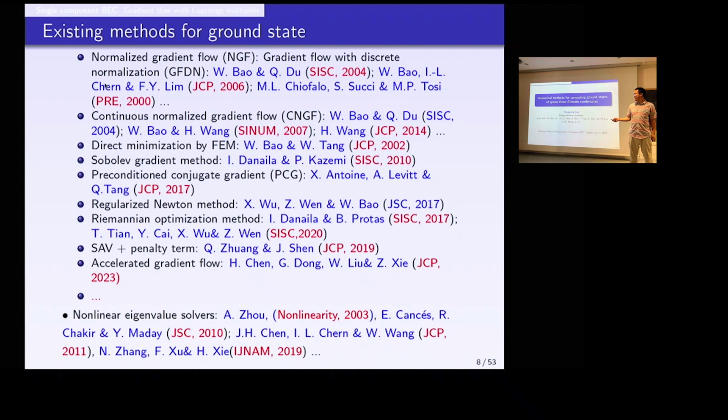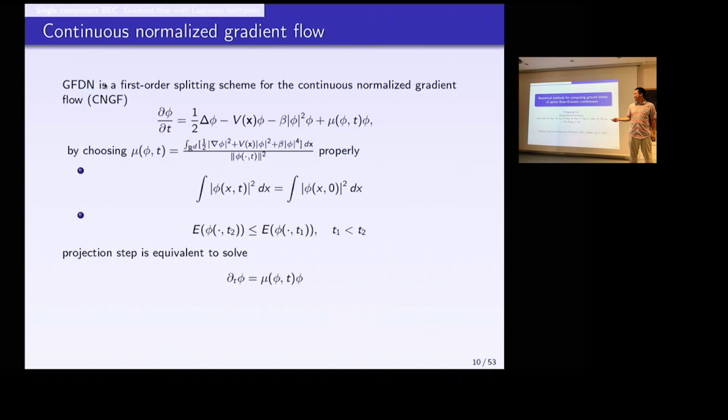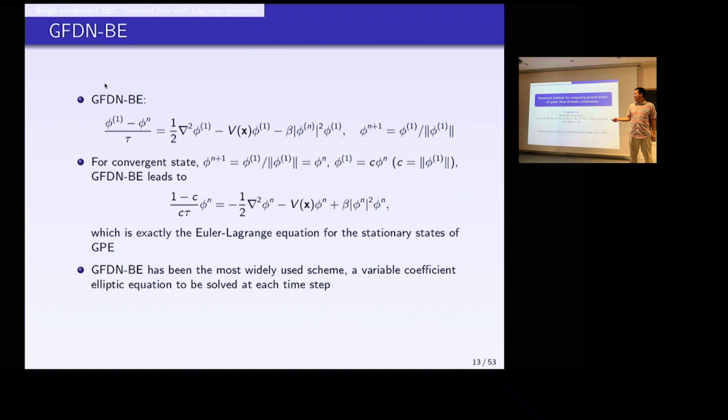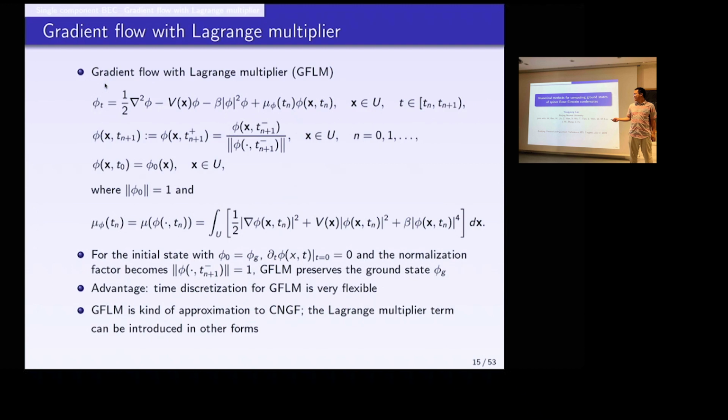Introducing the Lagrange multiplier looks very nice to find the ground states. And I have one short question. So the explicit form of the Lagrange multiplier depends on the scheme itself? Here?